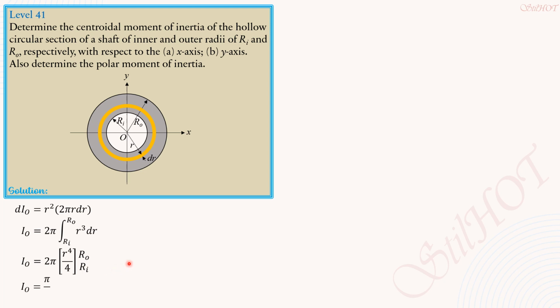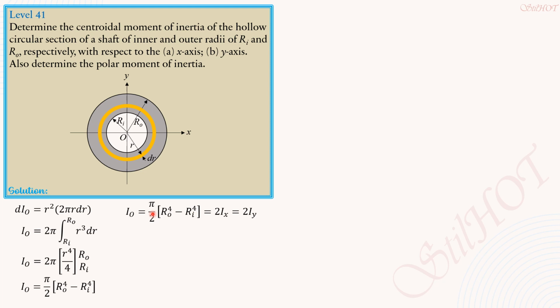So that's the polar moment of inertia, or J sub O. So therefore, I sub O is pi over 2 quantity R sub O to the fourth minus R sub I to the fourth.